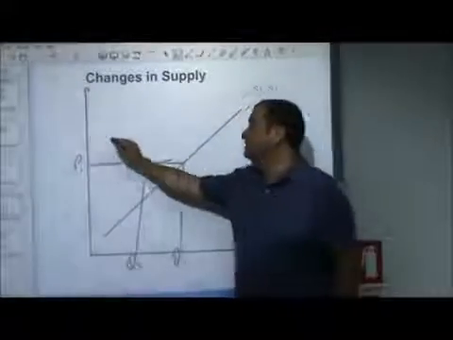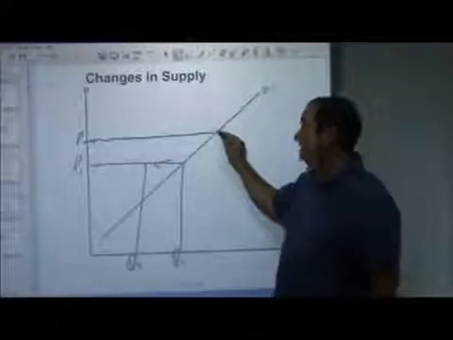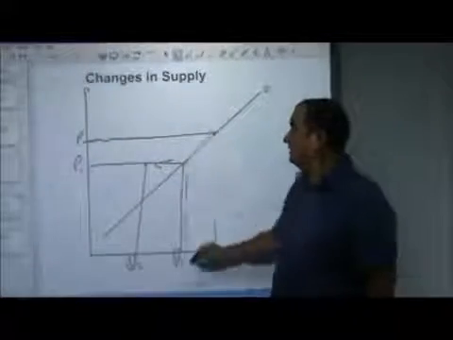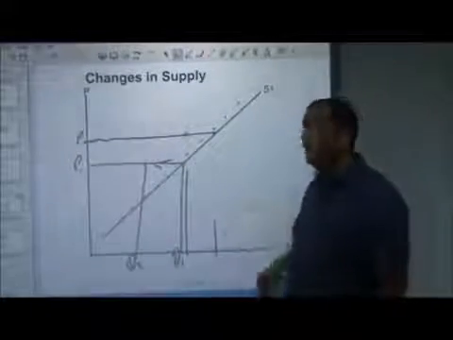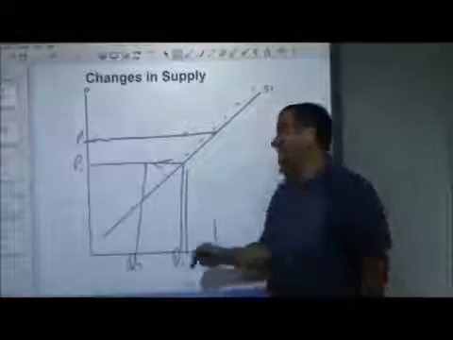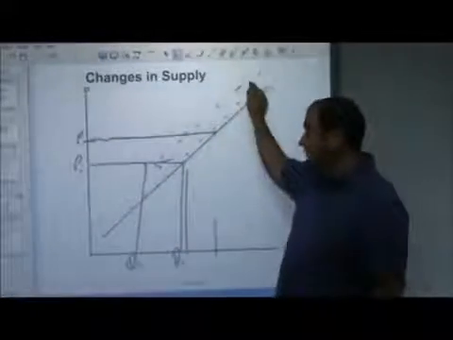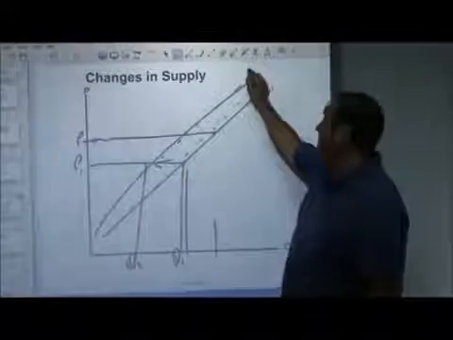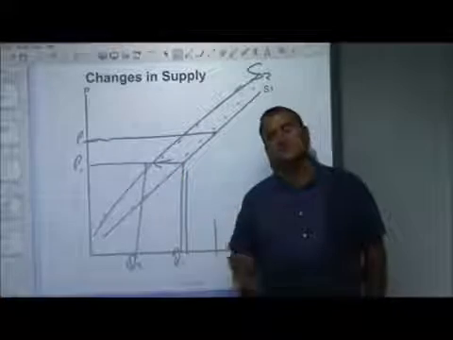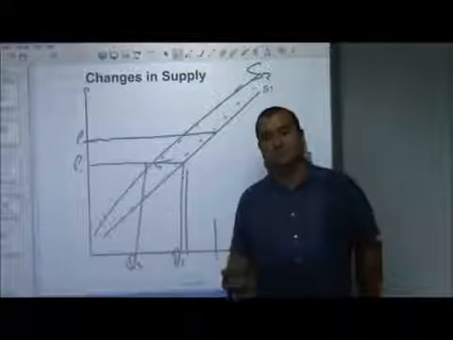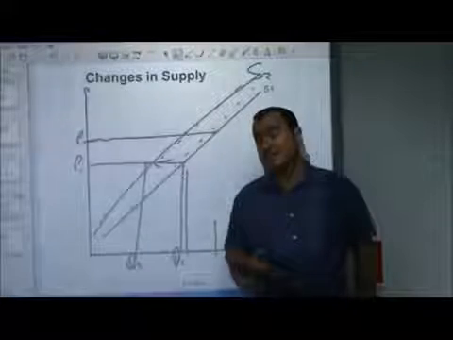So at this price level, P2, it had been here, but now it might only be here. And all of the points that made up the old supply curve have shifted inwards, such that we now have a supply curve S2, which represents the willingness at all prices of suppliers to supply or not supply, given the new costs of production, given that rise in labour costs.